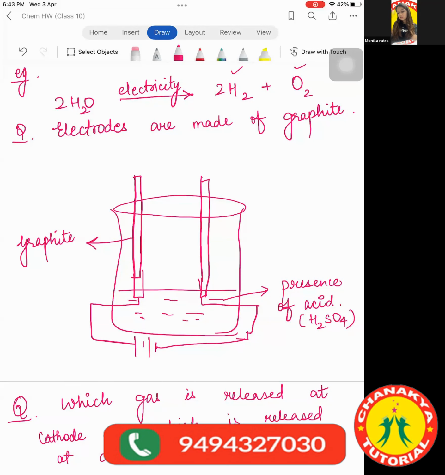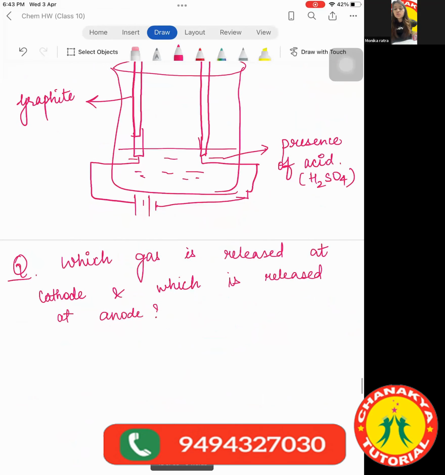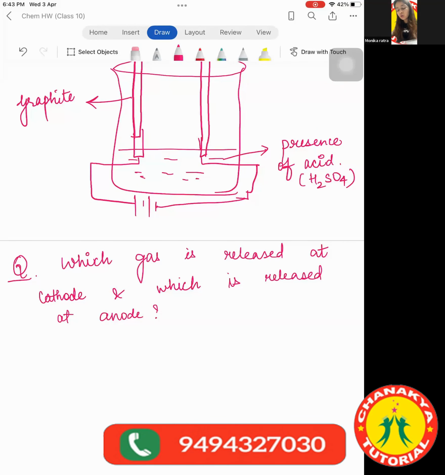Fine, children. In this case, you don't need to memorize this because you need to know the concept. You need to know that the cations move towards the cathode and anions move towards the anode.